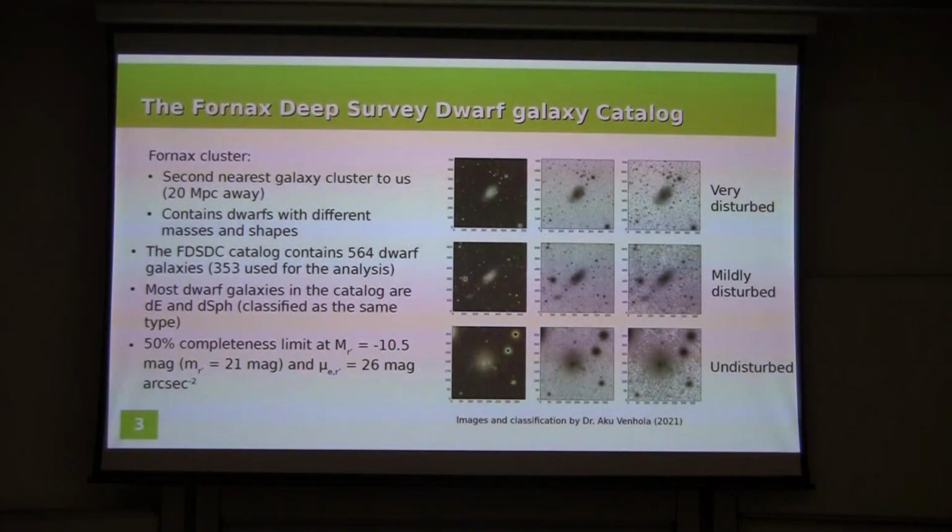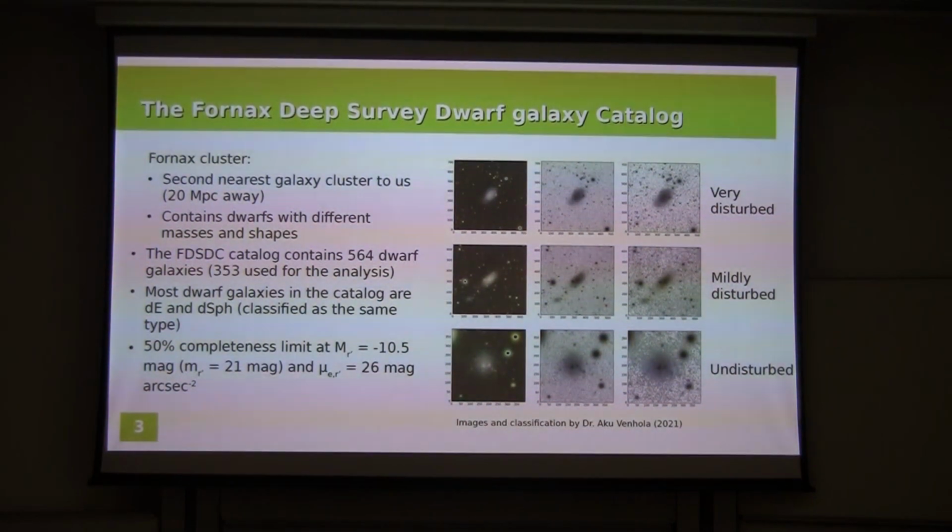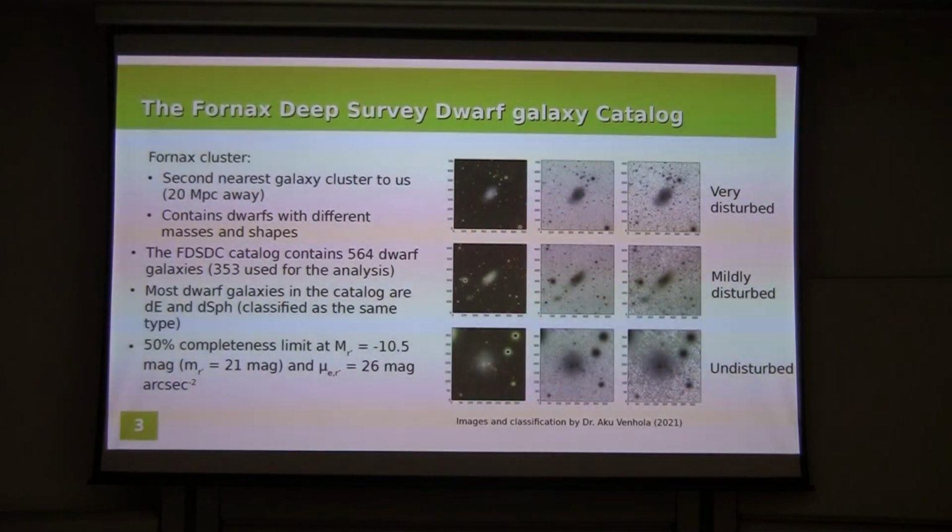In the following analysis, we're just going to distinguish between disturbed and non-disturbed for simplifying things. So the point of the whole analysis is trying to distinguish between MOND and Newtonian dynamics, specifically lambda CDM, by using the morphological structure of these dwarfs, like how disturbed they are.